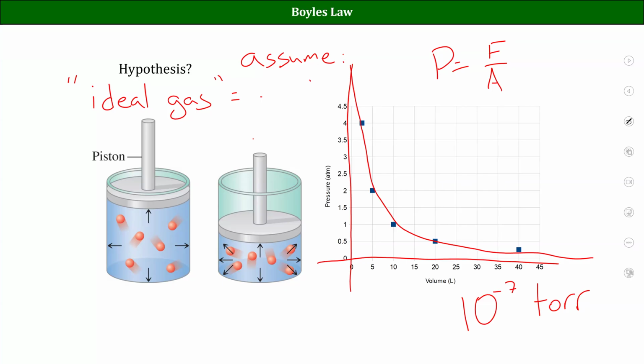What type of function gives you that shape? Y equals 1 over x. As x gets bigger, y gets smaller, but you can never actually get to infinity. And then as y gets bigger, x is getting smaller.